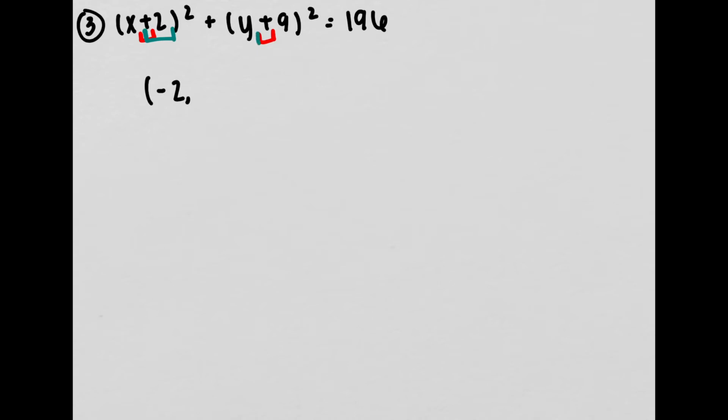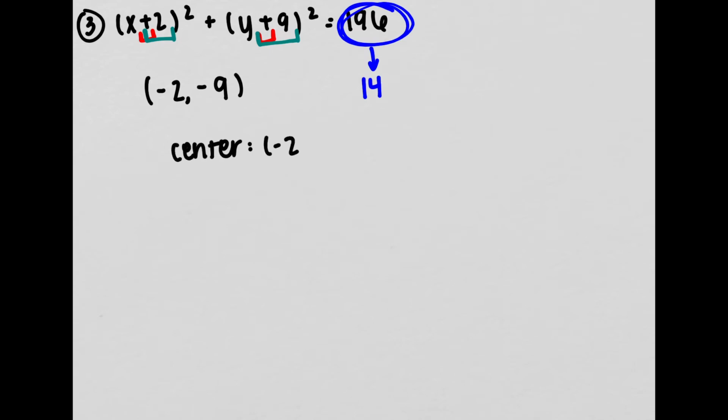I have the plus 9, again think the opposite, so my y coordinate is negative 9. Same thing with our radius, I need to take the square root of 196, and when I do that, I end up with 14. So I know my center is at (-2, -9), and my radius is 14.